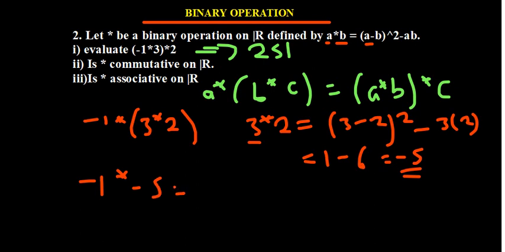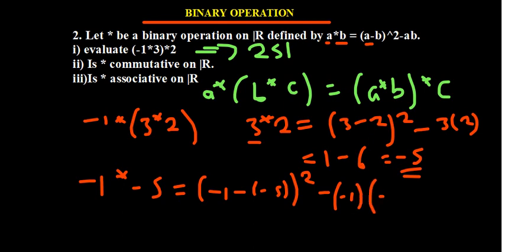So you now have your A is -1, then your B is -5, squared, minus your A is -1, your B is -5. So what are we going to have there? Negative 1 minus negative 5 is going to give you positive 4, which is going to be 16.